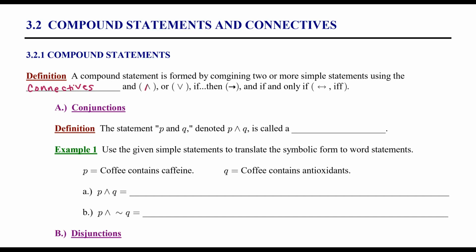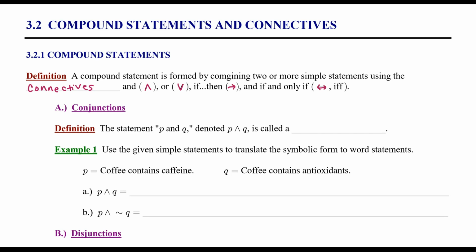And has the symbol that looks like a hat, or has the symbol that looks like a V. The phrase if then is represented by a one direction arrow, and the phrase if and only if has a two direction arrow. Also, sometimes in math books, you will see if and only if abbreviated as IFF.